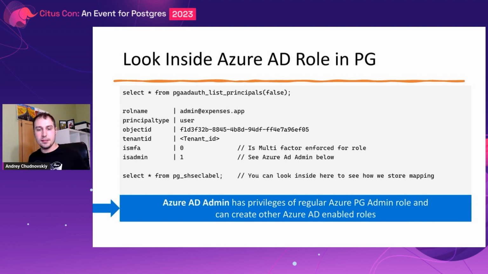Azure AD admin is similar to the regular Azure PG admin which you have on Flexible Server. It can do the same things, like adding roles and setting up role inheritance, almost without limitations. But it also can create Azure AD enabled roles, which a non-Azure AD administrator cannot do.